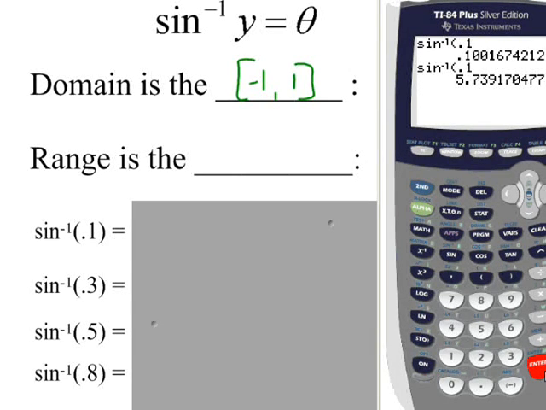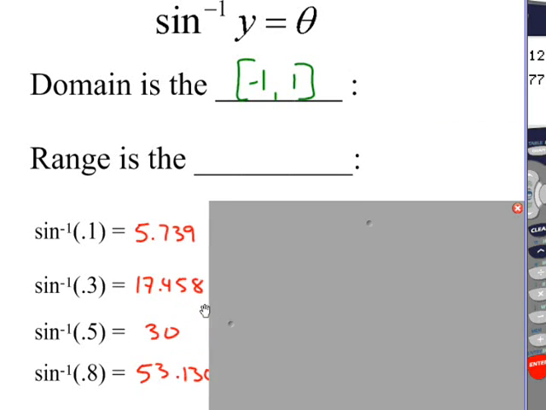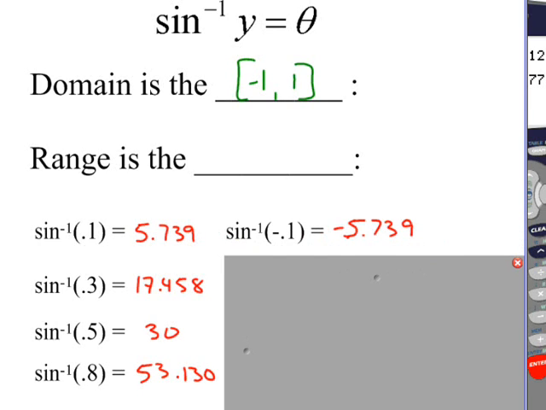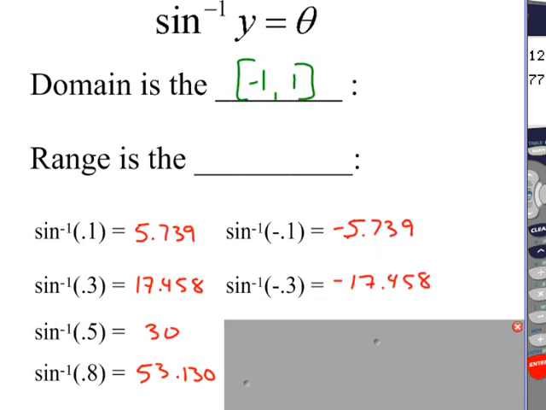And you go through and do that for the whole positive decimals, and I just plug those in. And so those are the numbers I got for inverse sine of all those. And you can see, we're starting 5, 17, 30, 53. Okay, if I look at doing negative values, so if I do negative 0.1, notice the answer is close to the same, only they're opposite by a sign.